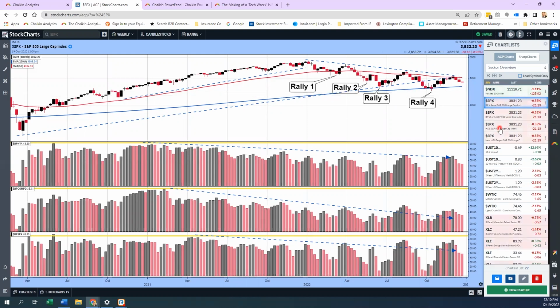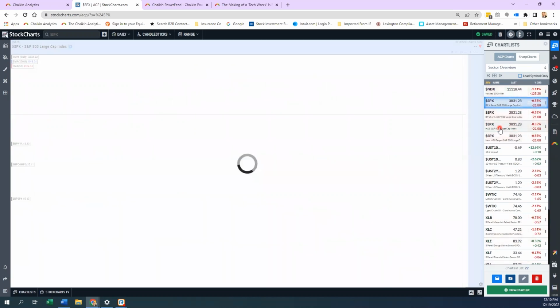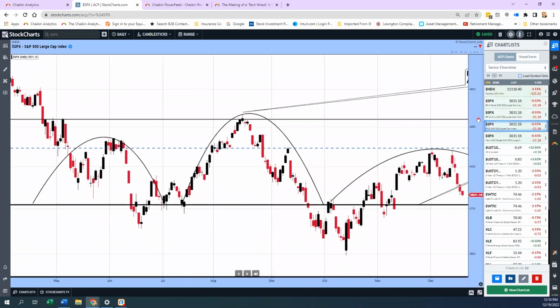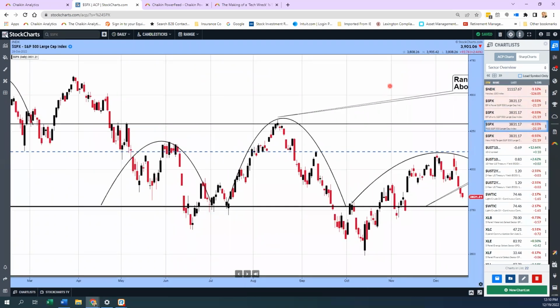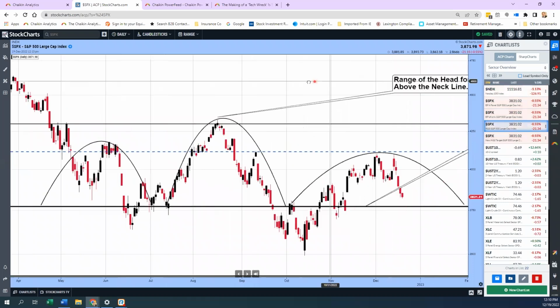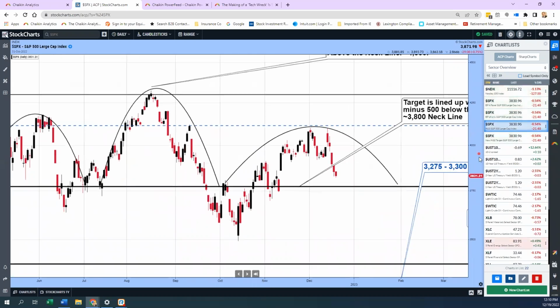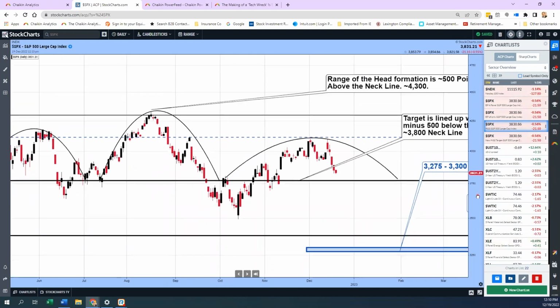All right. I'm not making any predictions here, other than the fact that we've been looking at this head and shoulders pattern, how it's played out a few times. Let me adjust my charts here. Forgive me for not doing this prior. I thought I had it saved properly. But I just noticed another head and shoulders forming here. And if I'm looking at the target from this neckline, it's around that 3,300 level. That's not an unusual target.